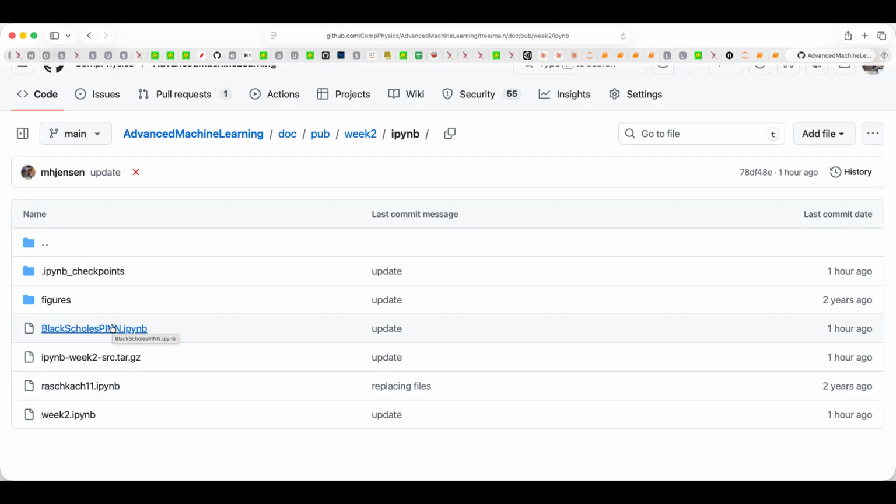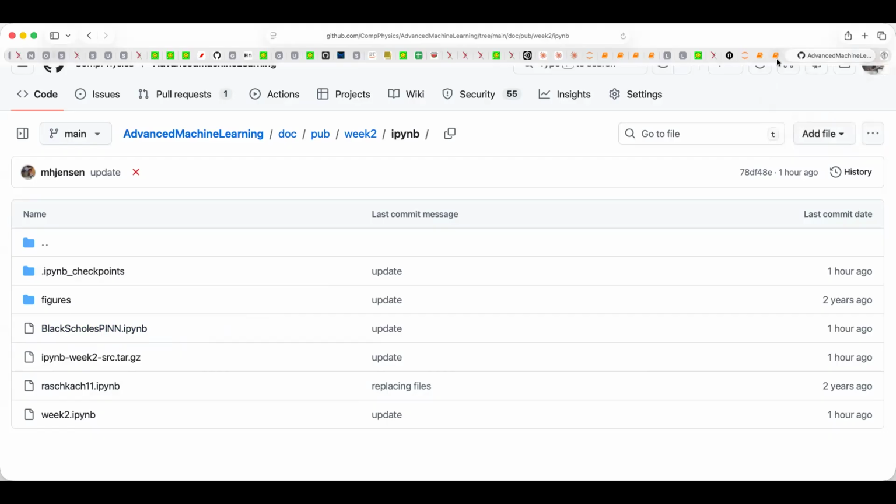Now, in the lectures for this week, you will also find PyTorch and TensorFlow examples on how to actually set up your neural network code. So in here, you will find the basic things which I will discuss. I will also go through the mathematics of how to solve the differential equations. And this will continue next week.